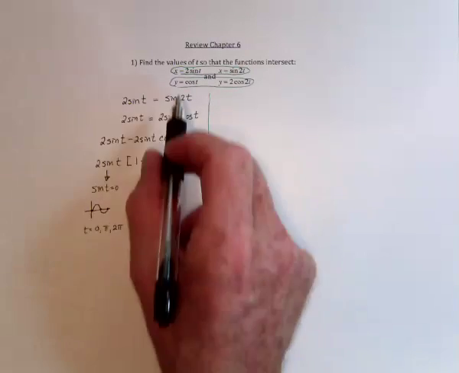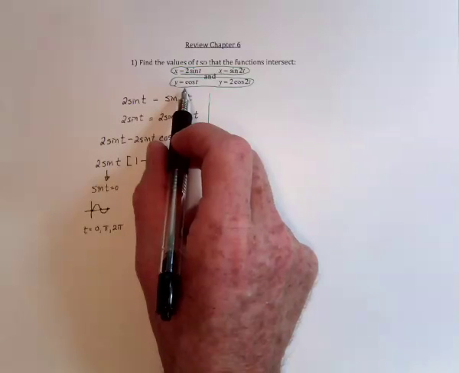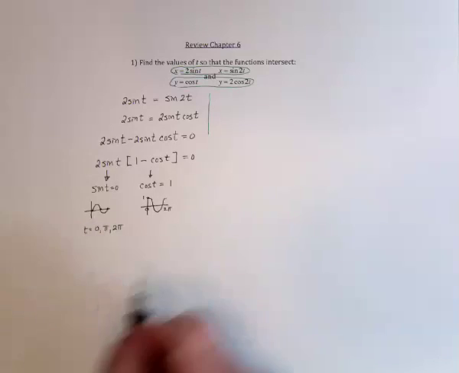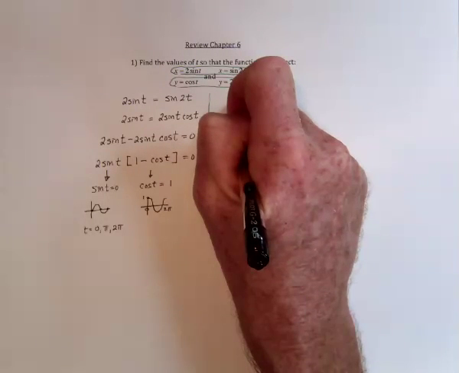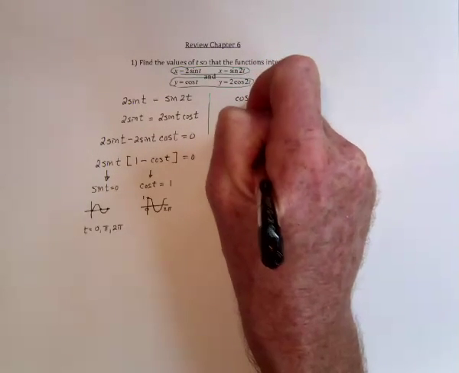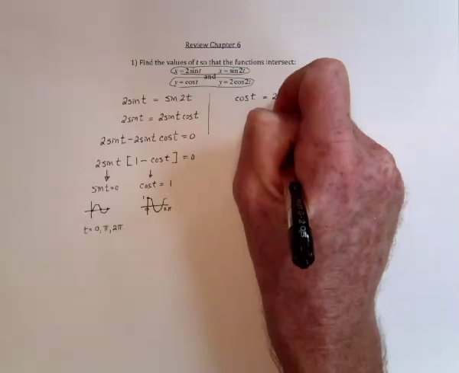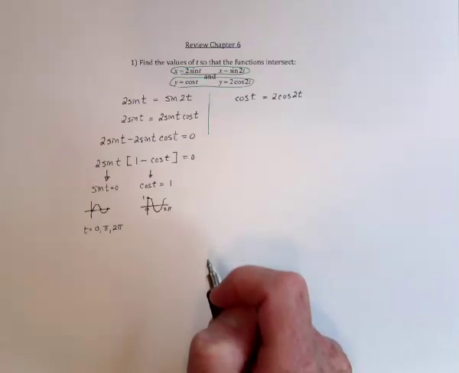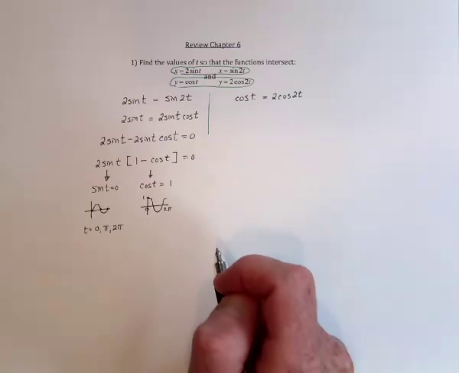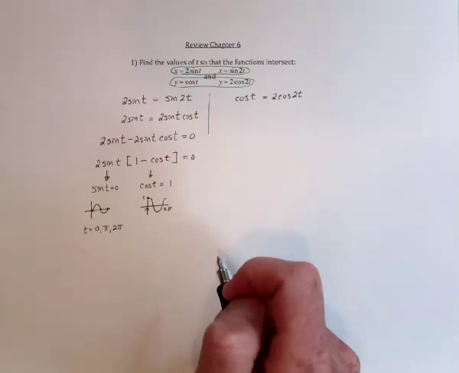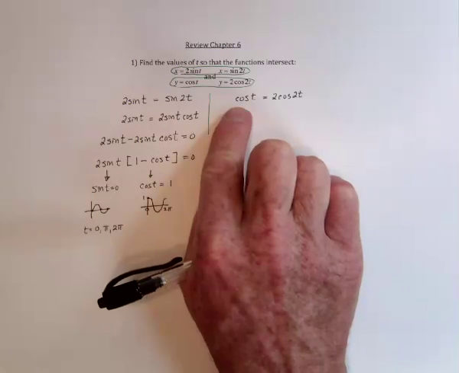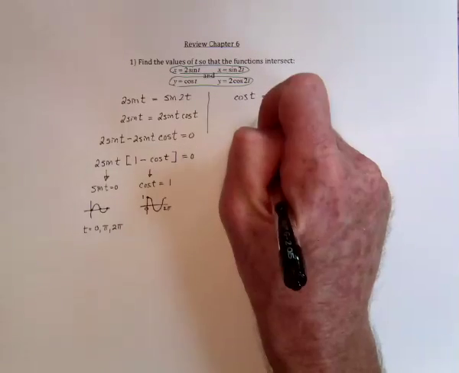Okay, now we still need to work with the y values, because this only makes the x values equal the x values, not the y values. So now I need to deal with the y values. Cosine of t equals 2 cosine of 2t. And then we start by using an identity for cosine of 2t. There's 3 to choose from, but there's only one of them that has cosine in it, only.